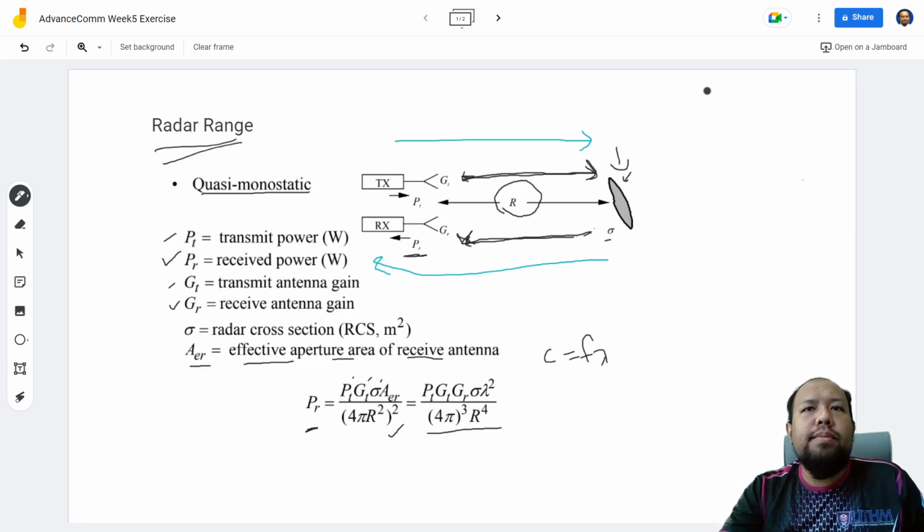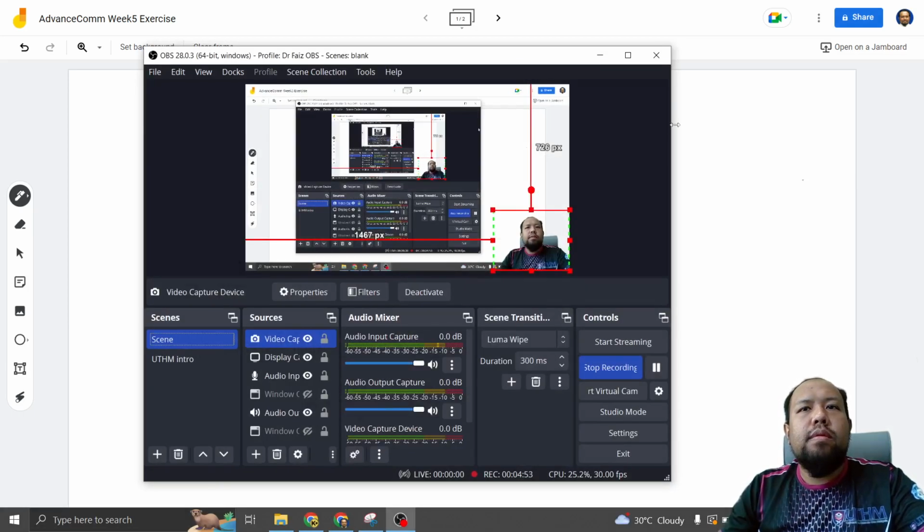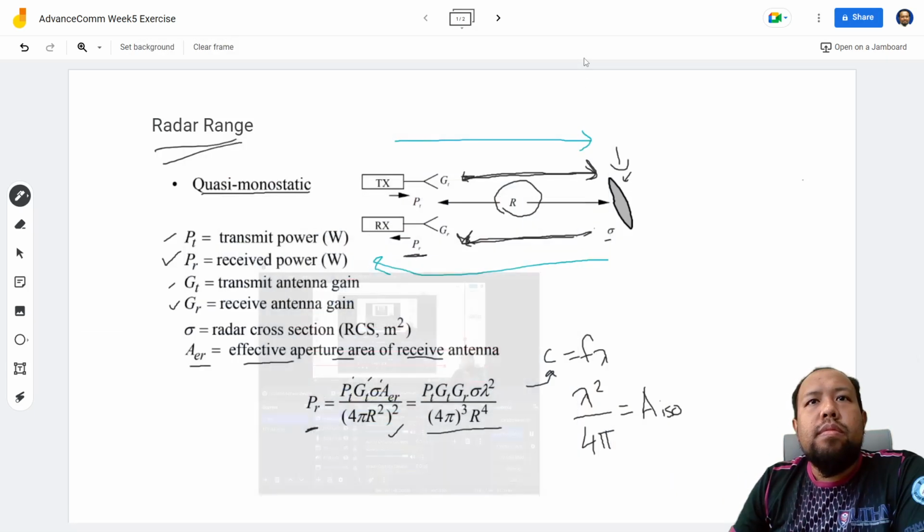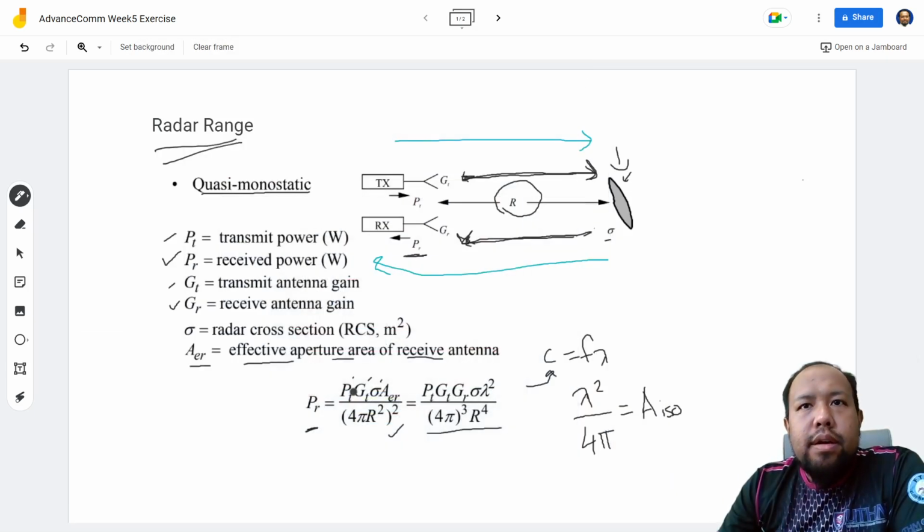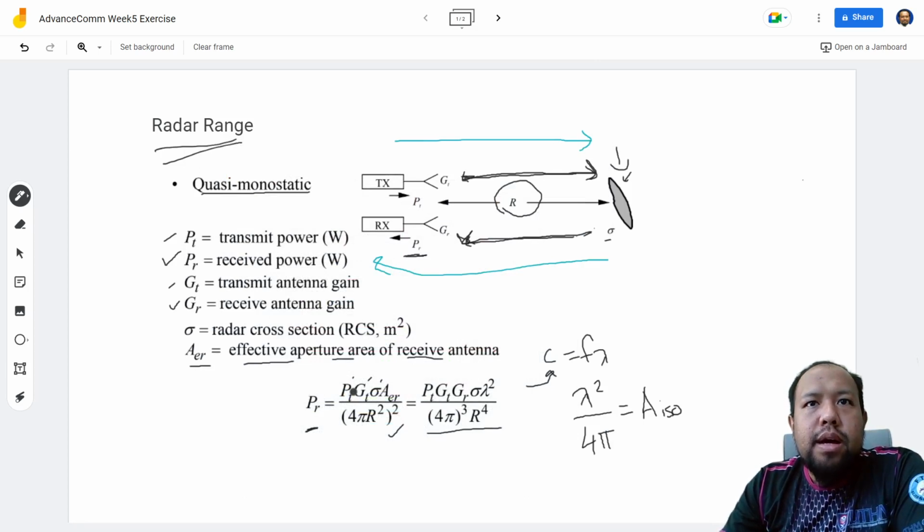This is how we get lambda: the speed of light, which is constant, equals frequency times lambda. Okay, sorry, basically the lambda we can get from here actually, not this one.